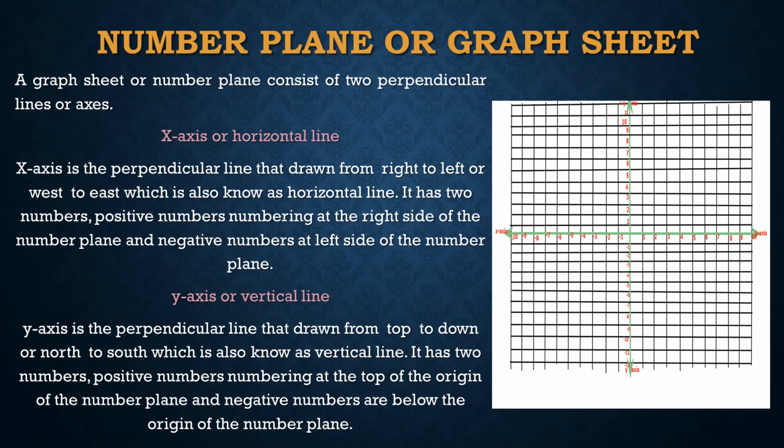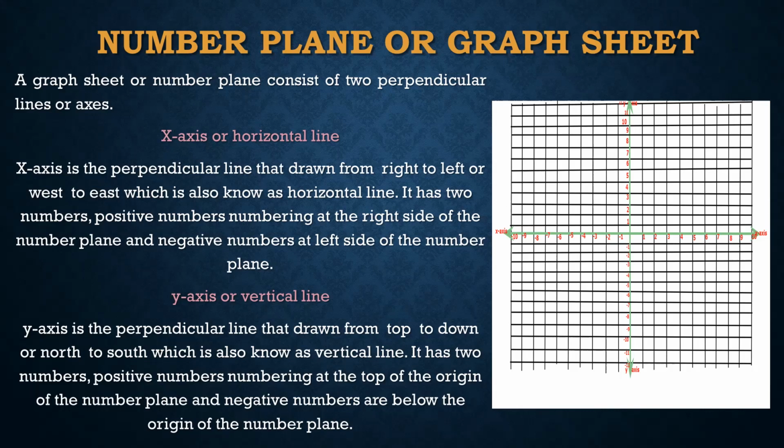And when you talk about the x-axis, which is also known as the horizontal line, it is the line that we draw from left to right, or west to east. The left side of the x-axis is numbered negative, while the right side is numbered positive.